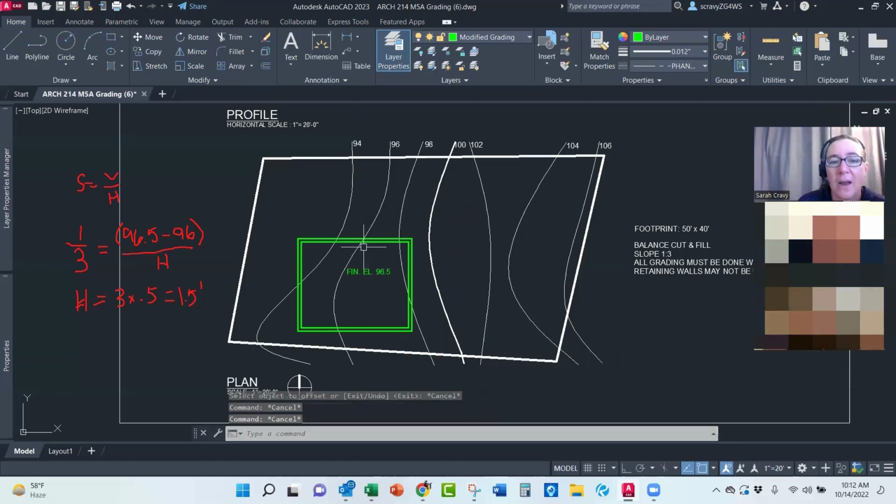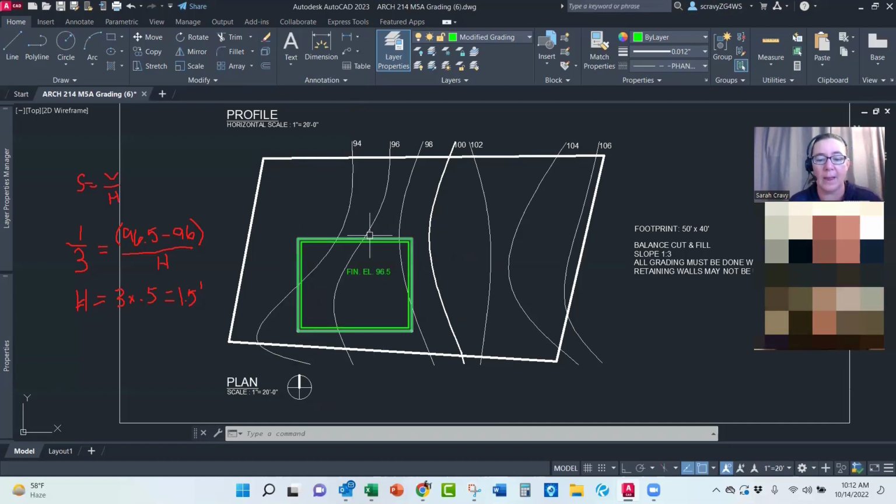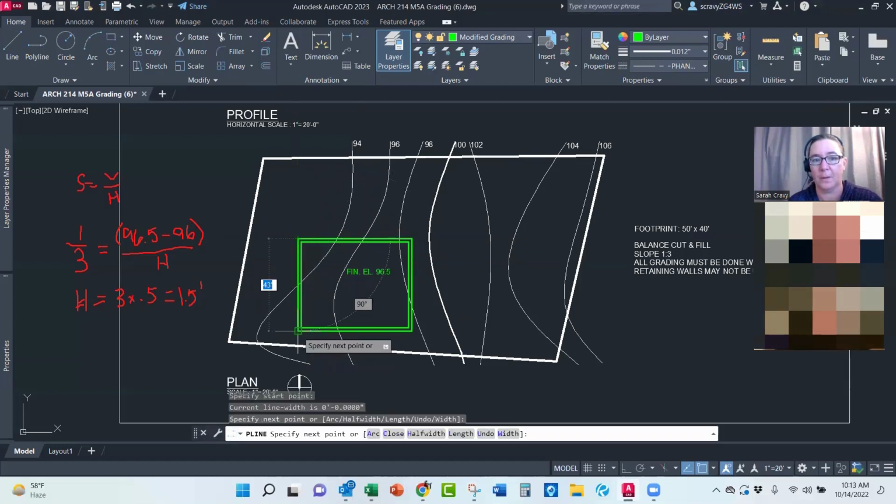Okay, so knowing this, remember intuitively what we're trying to do is draw the 96 contour line. You can either trim away this half that we don't need, or trace it with a polyline from this intersection over here, over here, over here, and you're done.